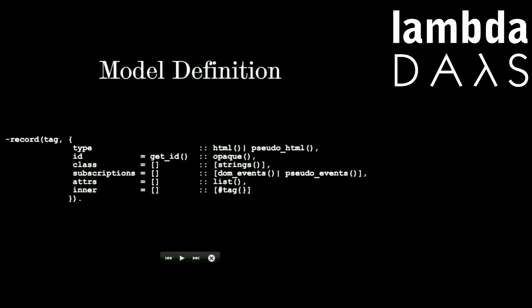The other thing is the aim is to have a standard pure functional data model, which is what you'll be mutating as a developer. And you can see from this definition that it's a recursive record where it contains a list of itself under the inner attribute. And so effectively those can be considered as opening and closing tags.